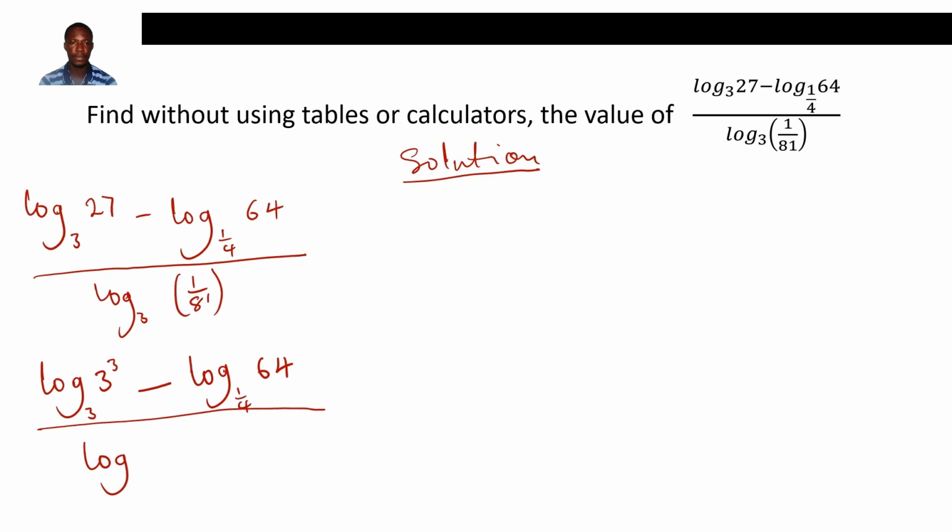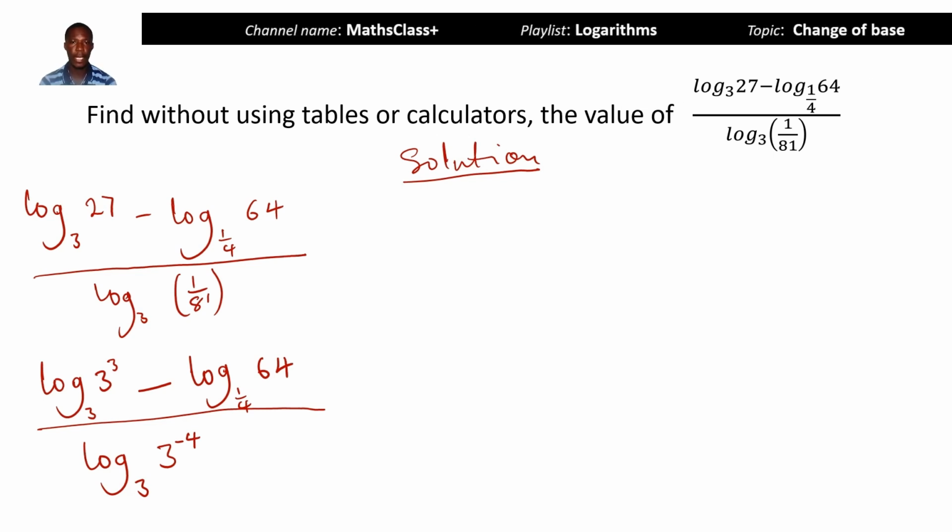Log to the base 3, and 81 can be written as 3 to the power 4, and in this case, we can write it as 3 to the power negative 4 because of the inverse of it.